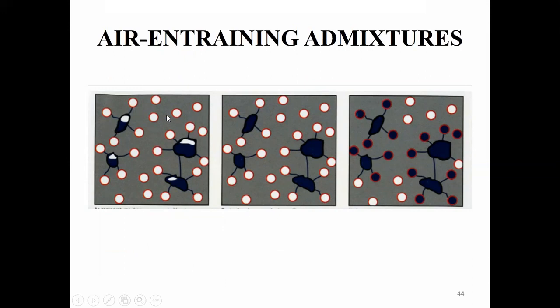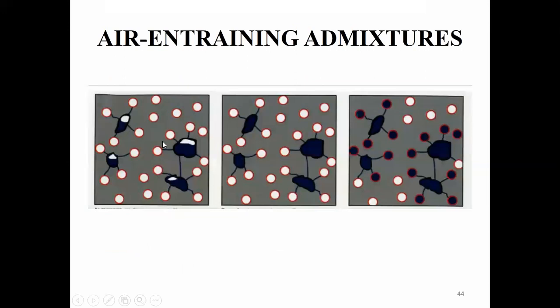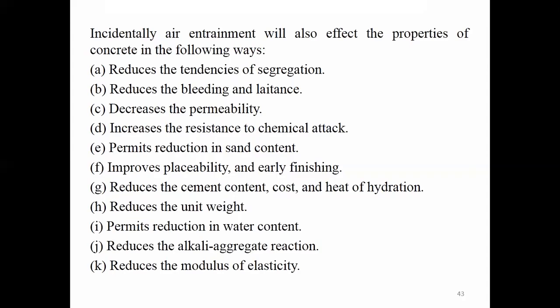There is no interconnection between these air voids, so the penetration of a chemical from one air bubble to another is not easily possible. So the permeability, that is the penetrating nature of the water molecule or chemical, will be reduced. Therefore air entrained concrete will reduce the permeability in the concrete.